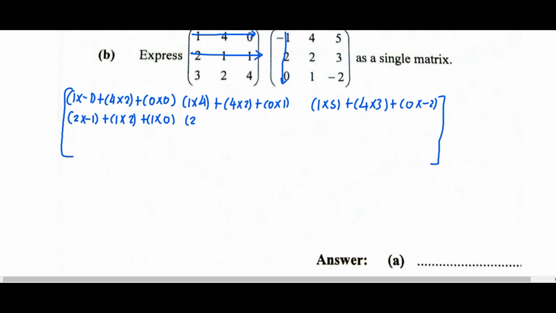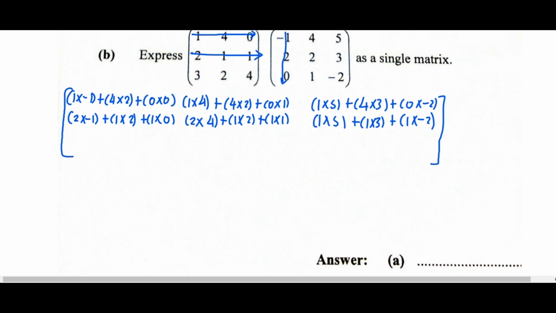So it's 2 times 4 plus 1 times 2 plus 1 times 1. So we go to row 2 times column 3. So it's 1 times 5 plus 1 times 3 plus 1 times -2.